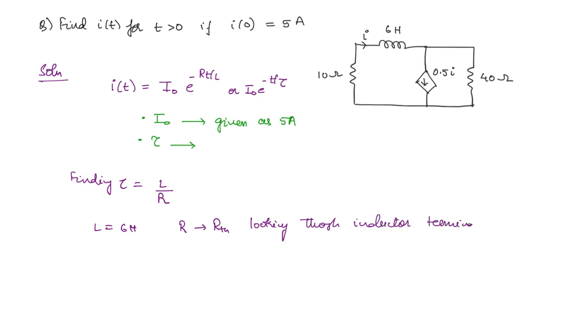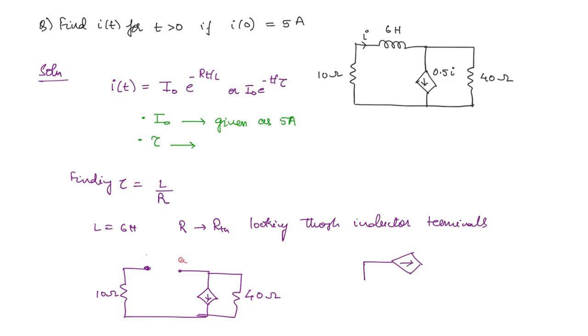So this is the resistor and you have to look through these terminals. Right, this is 40 ohms. So now whenever there is a dependent source, then how do you find the Thevenin's equivalent? You have to connect a current source or a voltage source. Okay. So this you can slightly redraw so that it will be more clear to you.